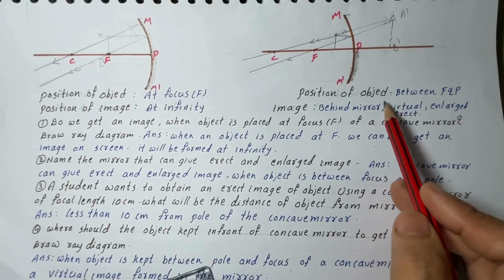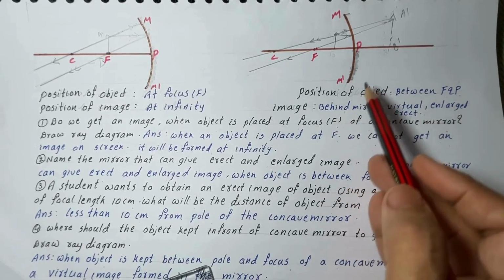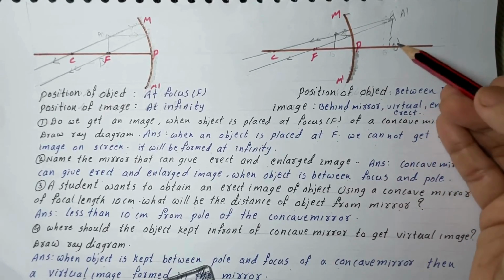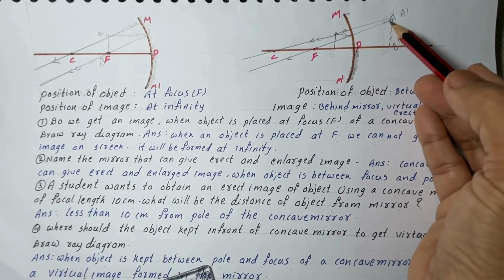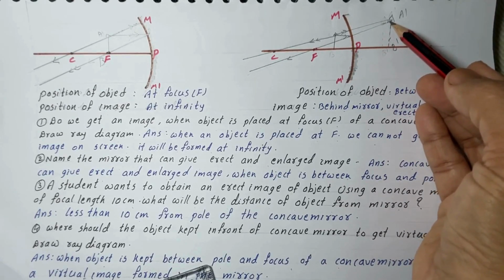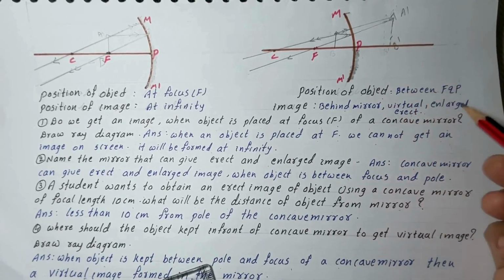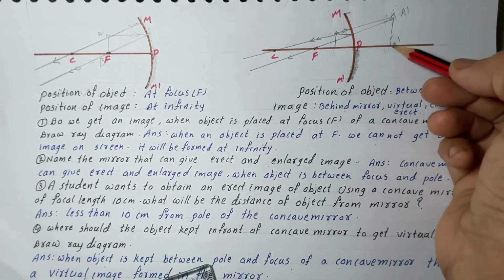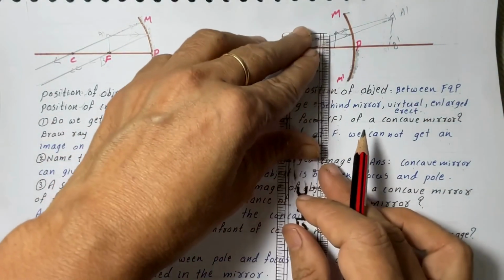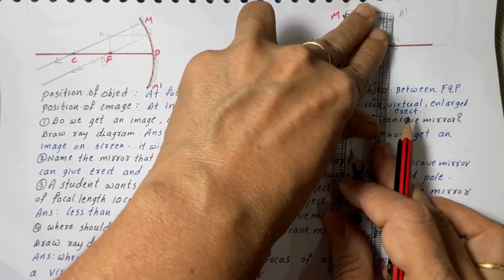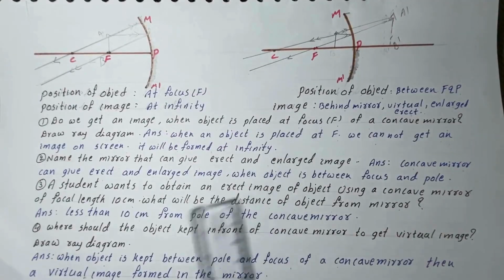So when the object is between focus and pole, the image forms behind the mirror, and it is a virtual image because it is formed by the extended reflected rays. Virtual images are generally erect. It is also an enlarged image: the object size is 1 centimeter, but the image size is 2 centimeters.